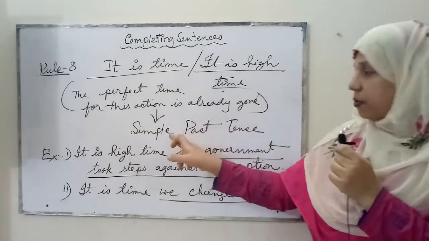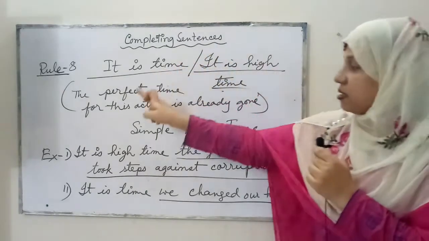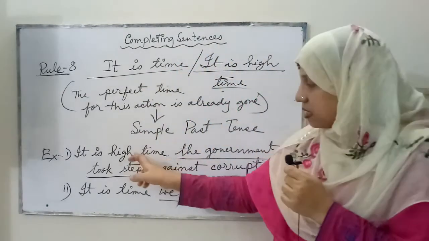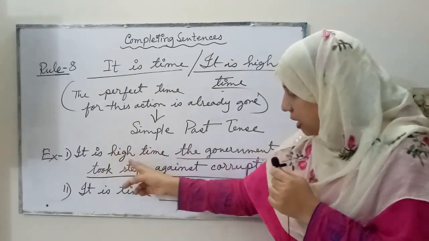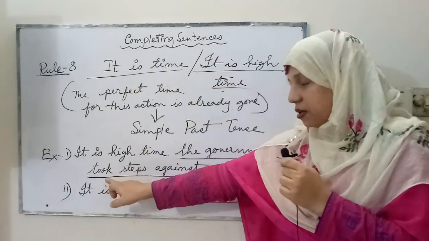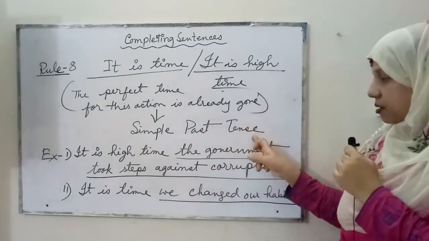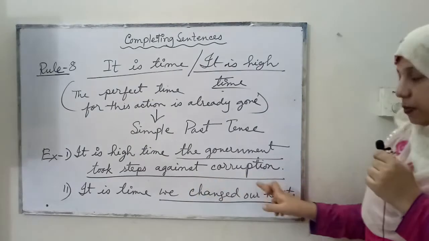Of course, it will be in the simple past tense because it means the time is already gone. Let's see an example. It is high time, or we can also say it is time. It is high time the government took or take? Of course, took. It will be in the simple past tense. The government took steps against corruption.